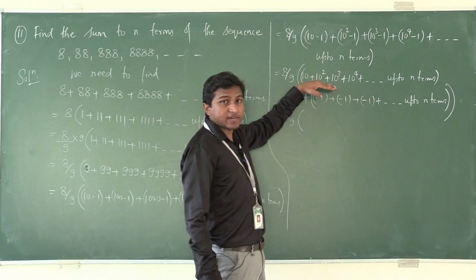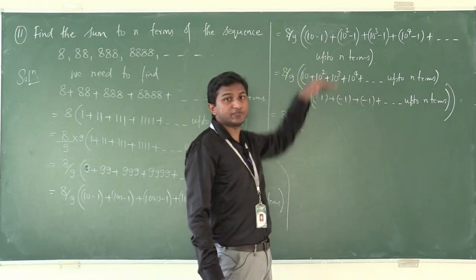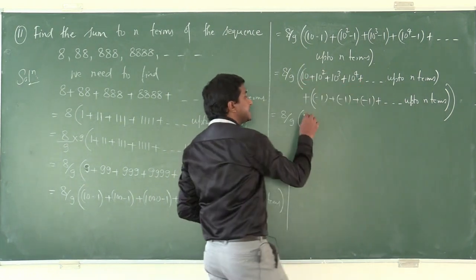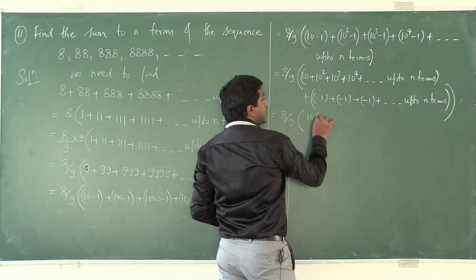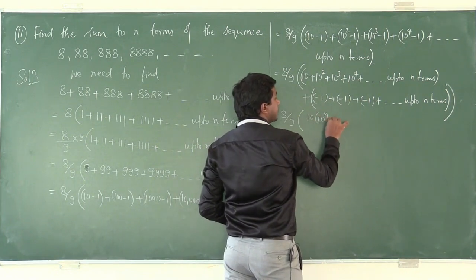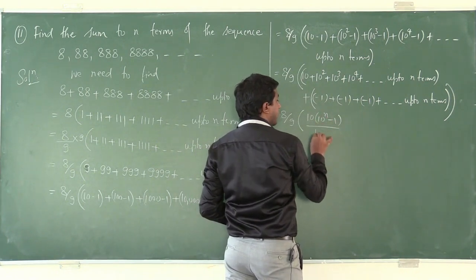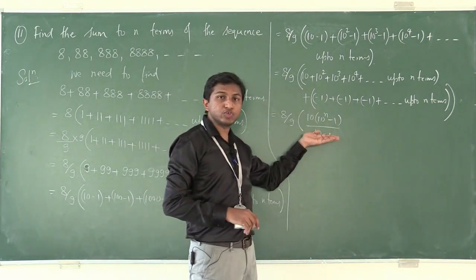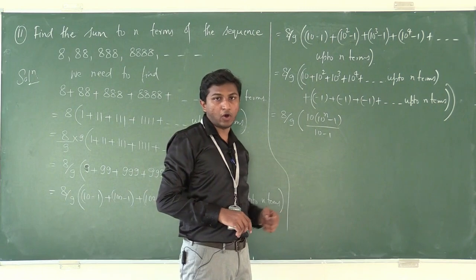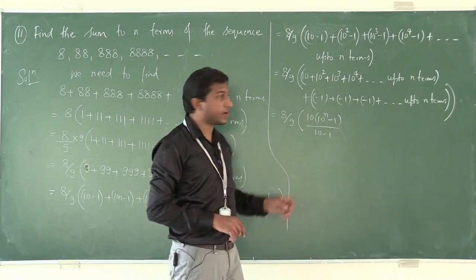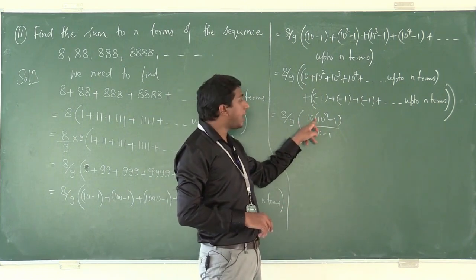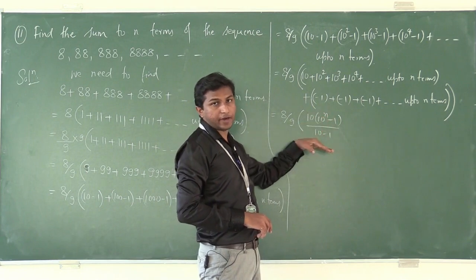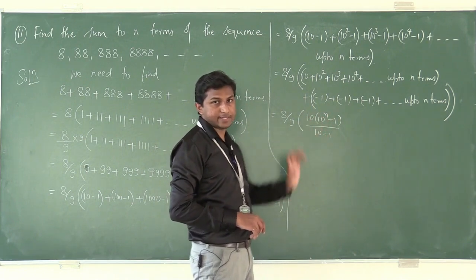So we can write the sum to n terms of this geometric series as 10 into 10 power n minus 1 by 10 minus 1. This follows from the Sn formula of GP, A into R power n minus 1 by R minus 1.